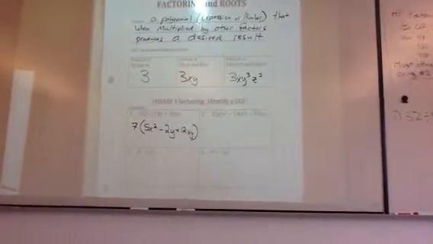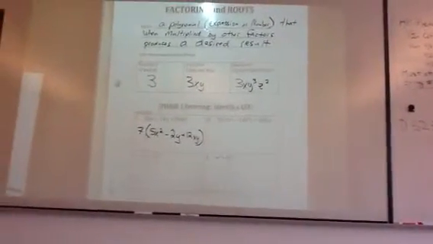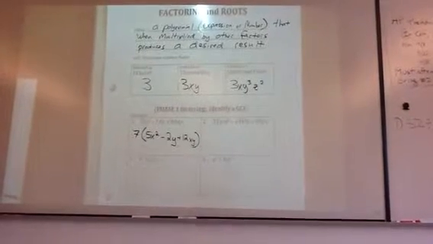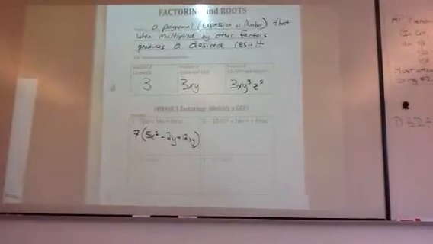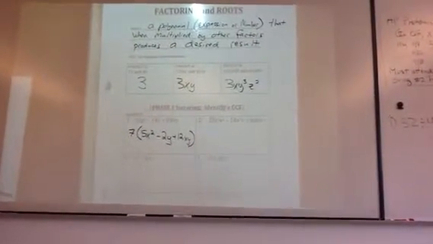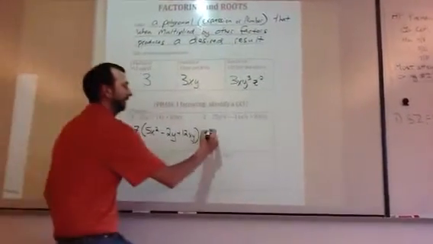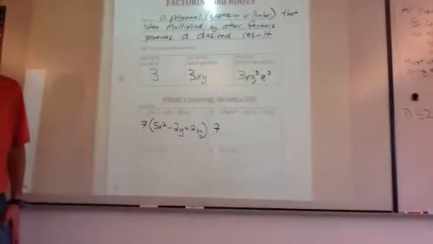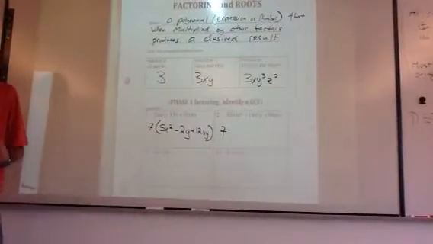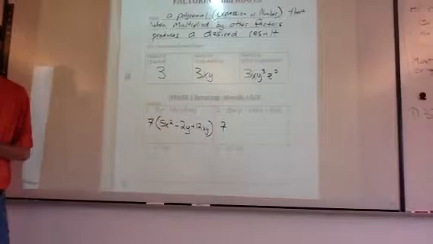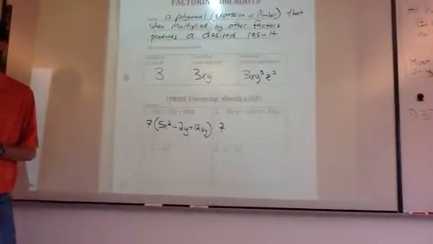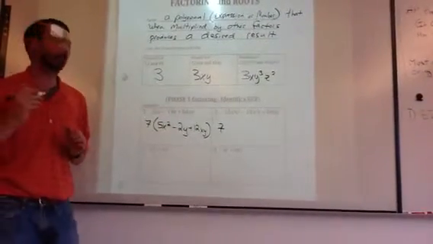Number 2, it looks very much the same except now I have added in a few more exponents. What is the greatest common factor in number 2? 7 again? Any x's or y's that I can put into that greatest common factor as well? X and y? Just to the first power? Okay.